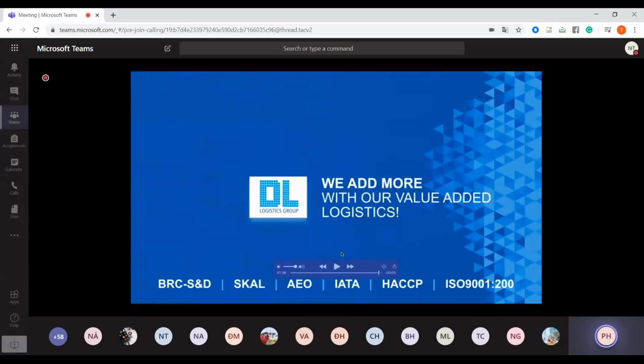You can see BRC, SND, SKAL, IEO, IITA. This is the system related to certificates. I think you are most familiar with ISO. This is one of the certificates that can be shown.